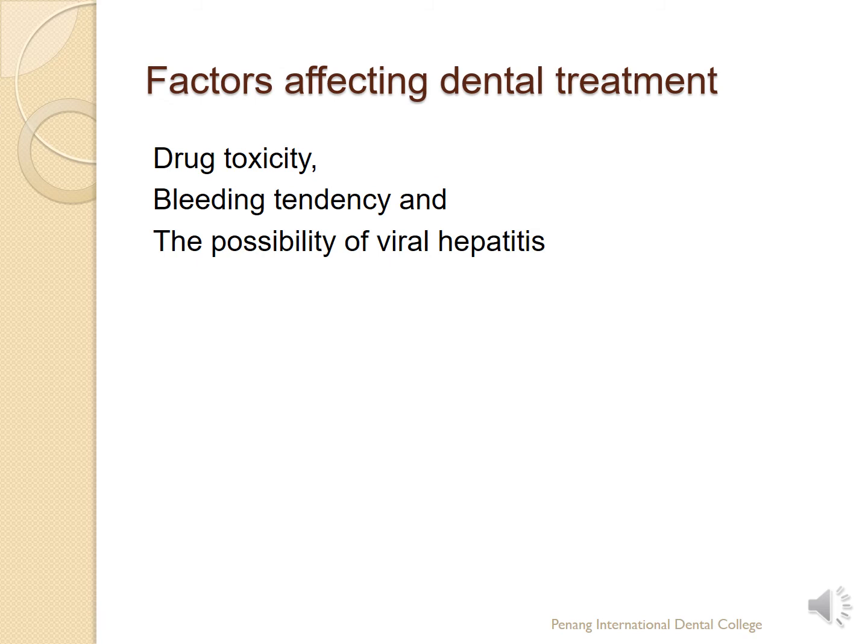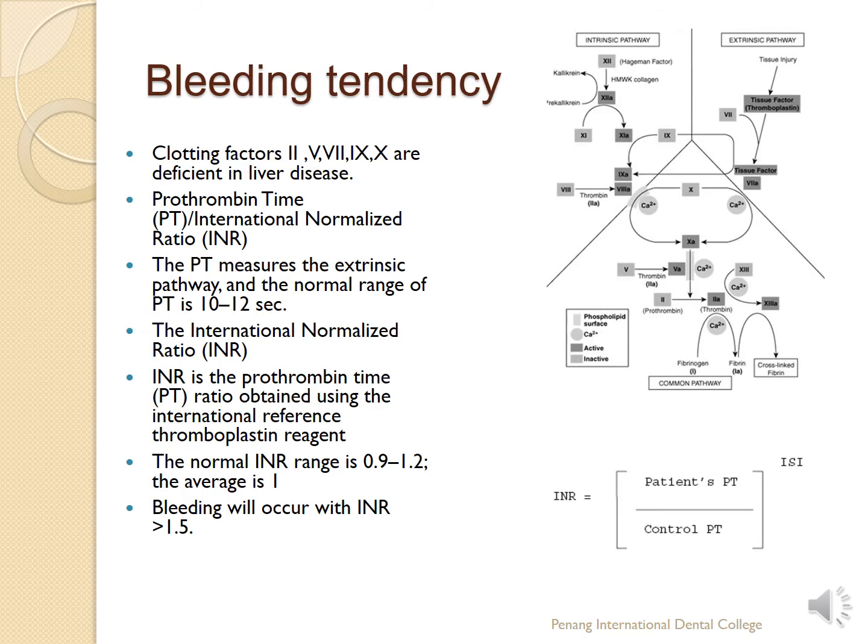So the same slide is being re-emphasized here: drug toxicity, bleeding tendency, and possibility of viral hepatitis are the most common factors affecting dental treatment. On bleeding tendency, we know that clotting factors 2, 5, 7, 9, and 10 are deficient in liver disease. PT measures the extrinsic pathway, and the normal range of PT is 10 to 12 seconds. All these things you have studied in hematological disorders.